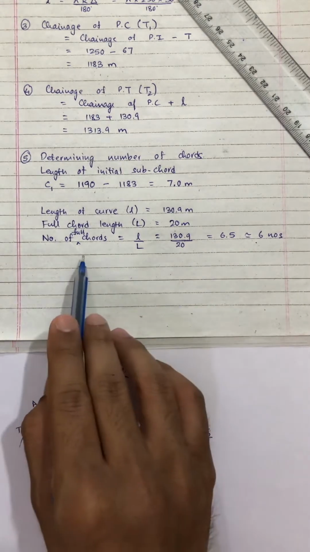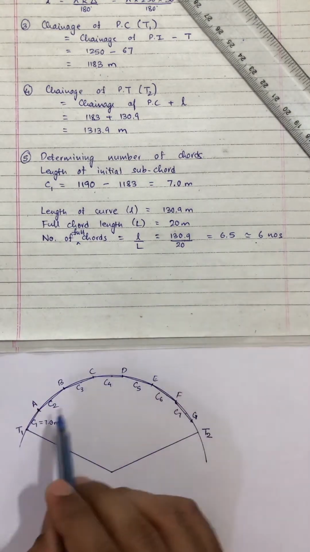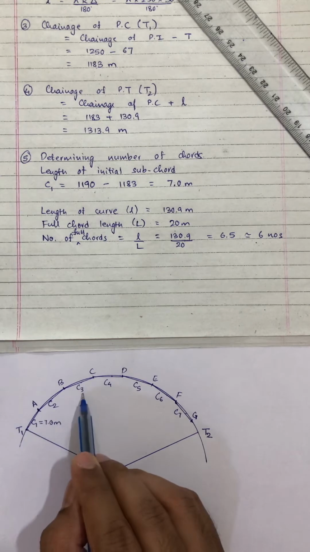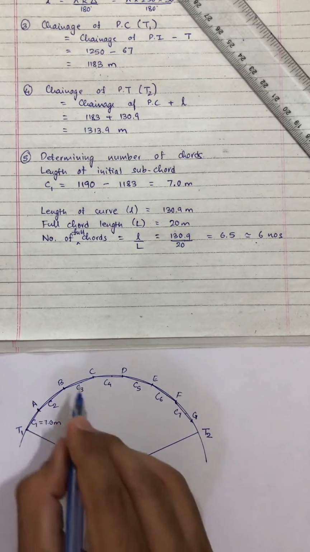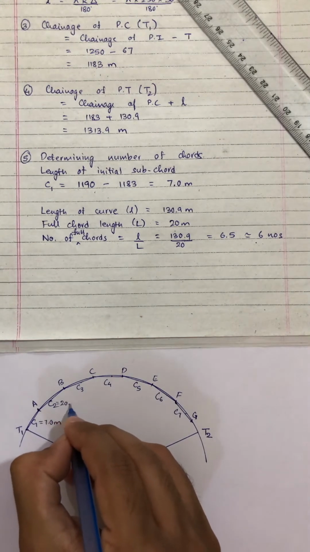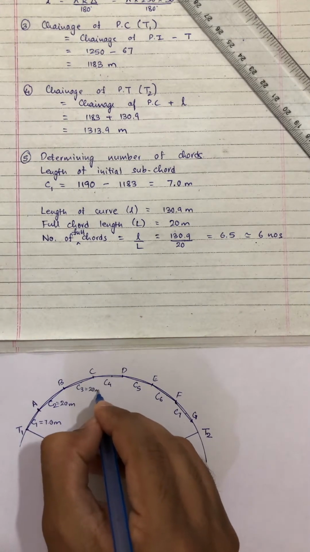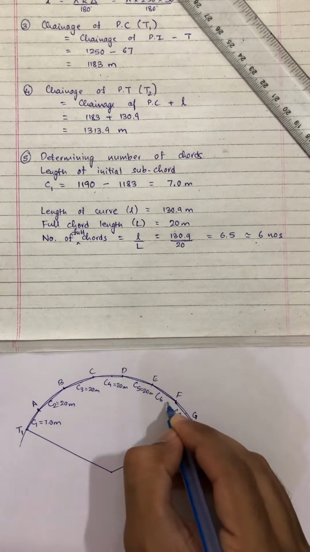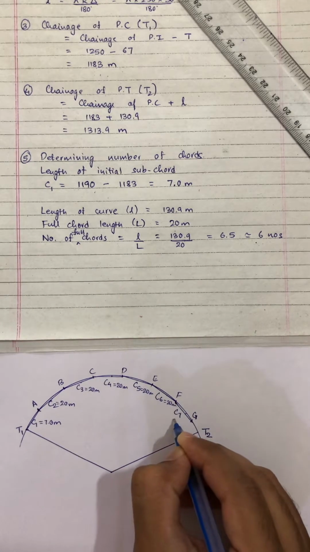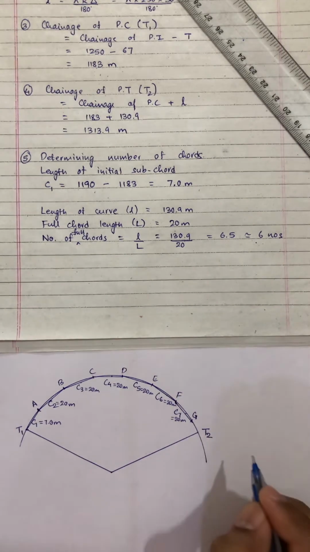Then the number of full chords required is 6. So these are C2 to C7, all 6 in number, and each full chord is having length of 20 meters.